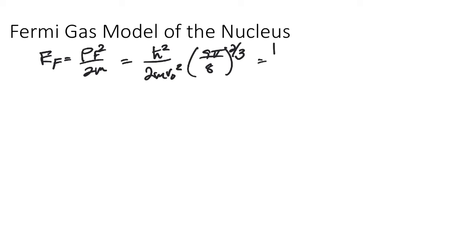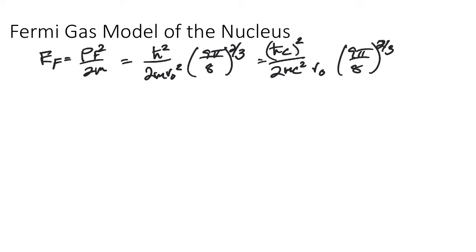Recombining some factors, h bar c squared over 2 mc squared, plugging in a c on top and bottom, r naught squared, 9 pi over 8 to the 2/3. This is 197 over 1.2 squared. This is r naught squared.